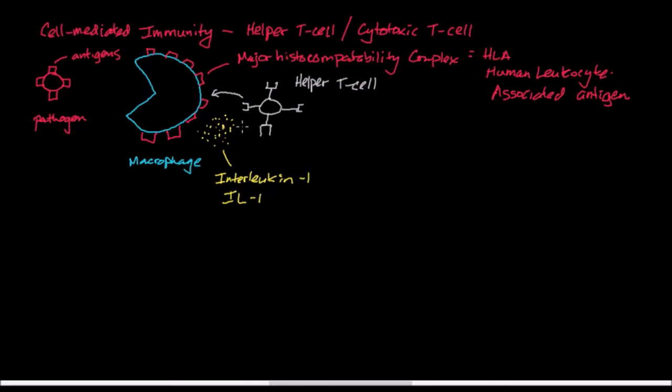And that cytokine acts upon the helper T cell. That cytokine stimulates helper T cells to multiply in number, but it also stimulates the helper T cell to release another substance, another cytokine, called interleukin 2.